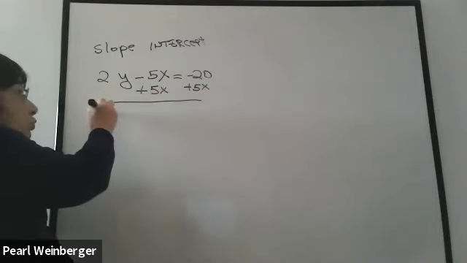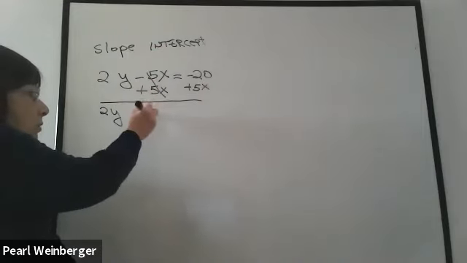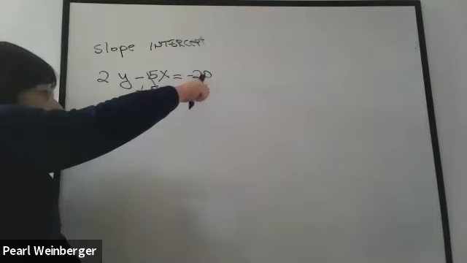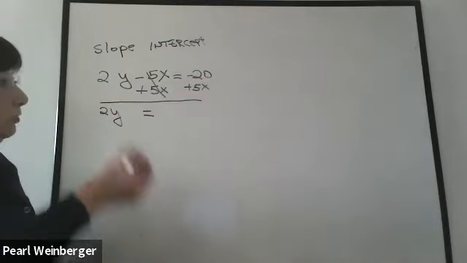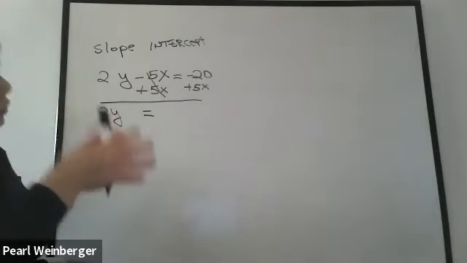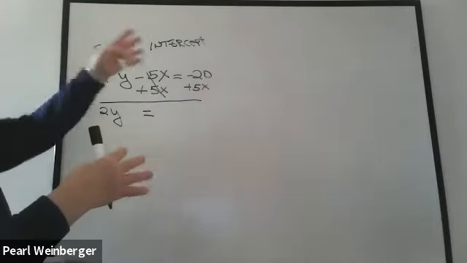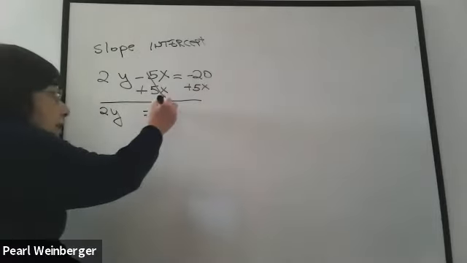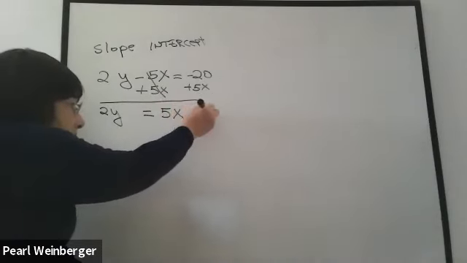This will give you 2y, and we have a -20 and a +5x. It doesn't matter which one first in terms of actual working out, but because we want slope intercept form, we put the x term first. So the 5x is first, and then the -20.